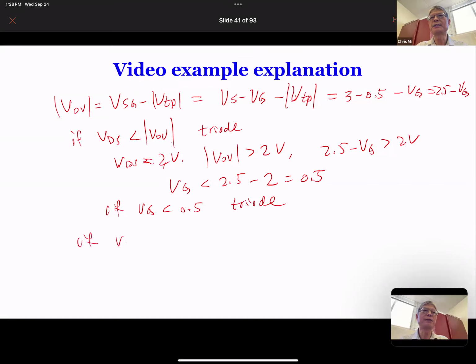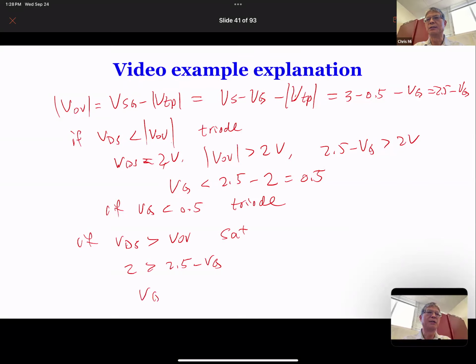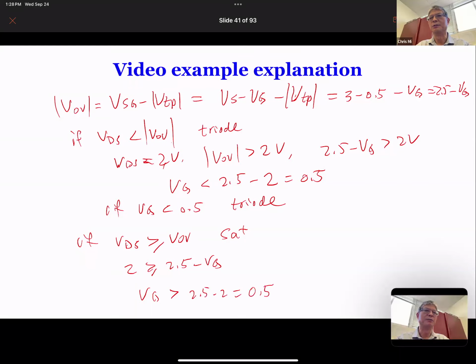But if VDS is larger than VOV, it's going to be in saturation mode. And VDS is 2, larger than VOV, which is 2.5 minus Vg. So we move Vg to the left side, so we have Vg larger than or equal to 2.5 minus 2, equal to 0.5 volts.